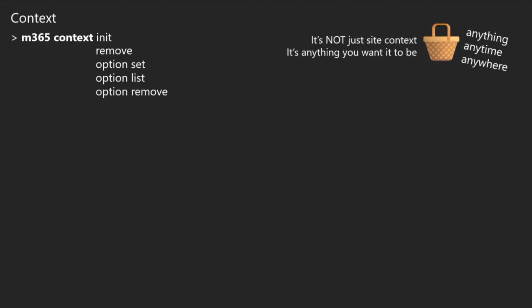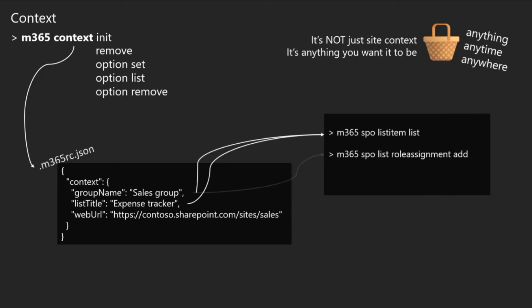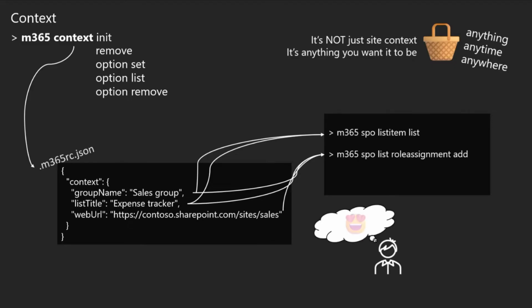And basically the context is a file that's named m365rc.json, to which you can put any kind of option. And when you're executing a command which is run in the same place where this context file is present, CLI will know that it can use the options from this file, and therefore you don't need to pass them to every command, like the web URL, which is present in almost any SPO command. And really cool. Let's see a use case.